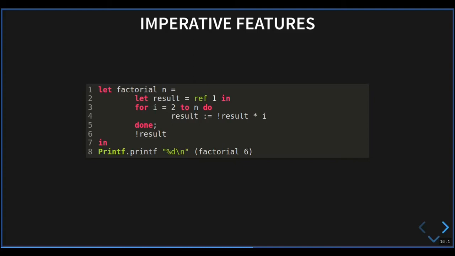And to get the current value in this reference object, we need to use the exclamation mark operator, and to assign a new value to this object, there's also a separate operator, colon equals. So if we call this function with value 6, we get 720.